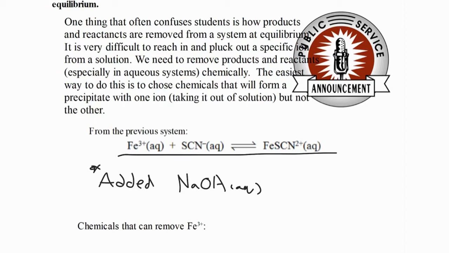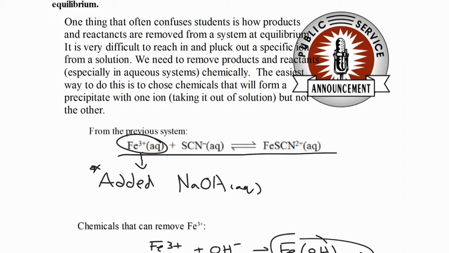However, when we're adding things that are not present, our first question needs to be, what could we be removing? I know that iron 3 plus reacts with hydroxide ions to form insoluble iron 3 hydroxide. Now in that way, the iron 3 plus is going to be removed. So this will be removed because it's forming a precipitate and it's no longer a part of that system.